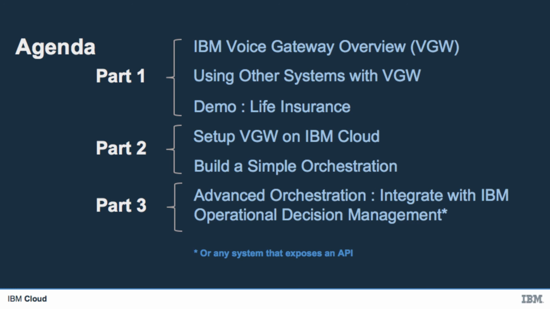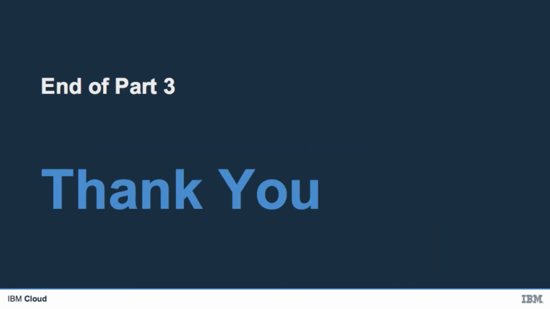In this video we've extended the SOE to call an external service to support the quotation conversation. We've used a web service in Node-RED, and we've also called a ODM decision service. Then we looked at some of the more advanced Watson capabilities for text-to-speech around the speech synthesis markup language to make our synthesized voices sound a little bit more natural. We've got some more videos planned for this series, but until then, thank you very much.